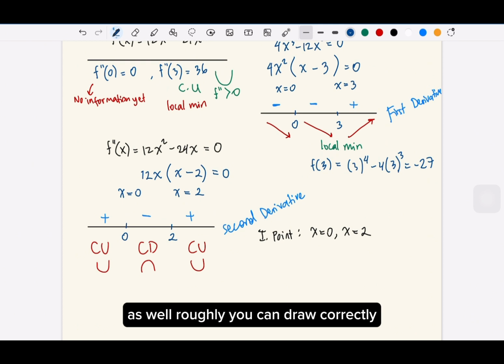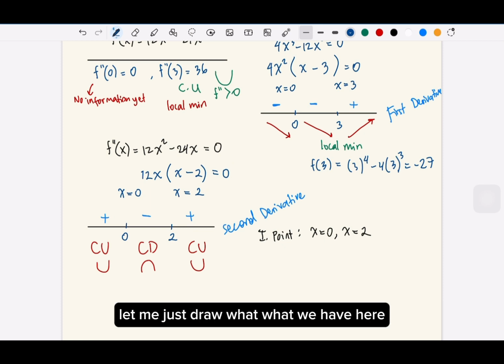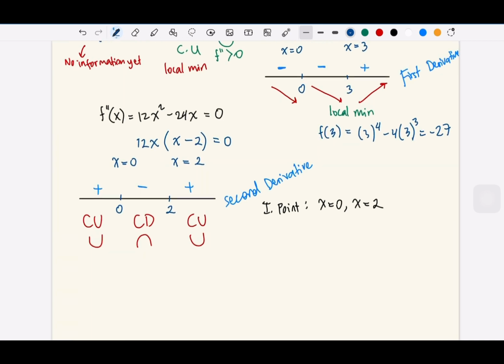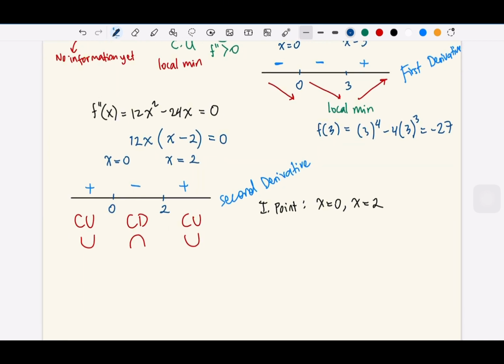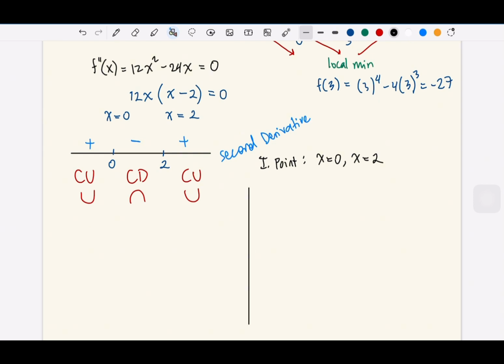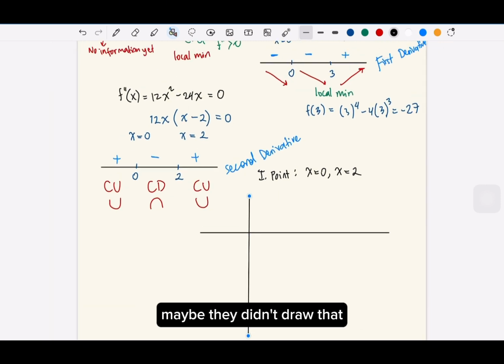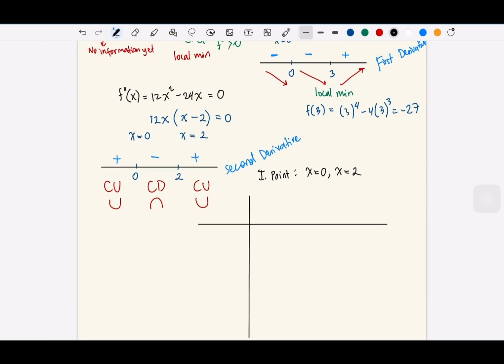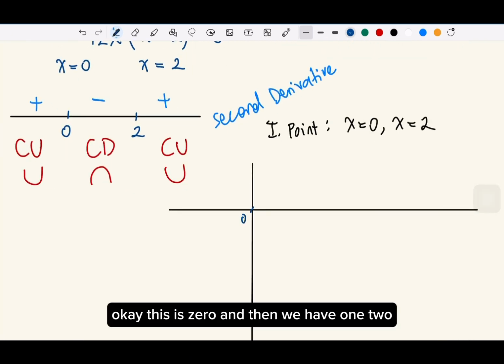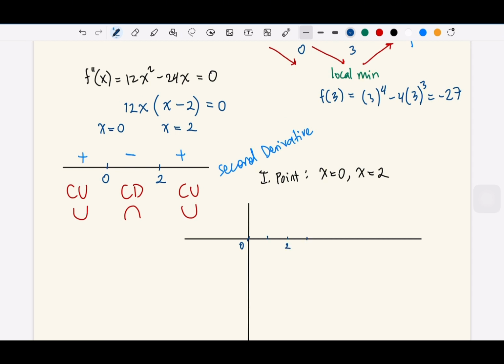As long as you roughly draw correctly, I still give you the points. So for example, let me just draw what we have here. Since we have negative 27, let me draw that. This is 0, and then we have 1, 2, 3.